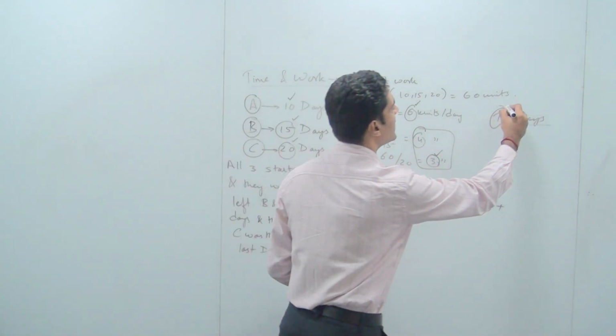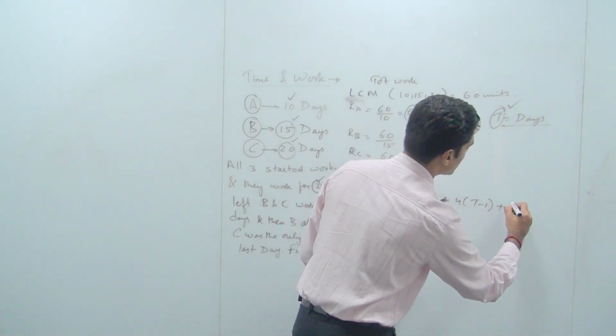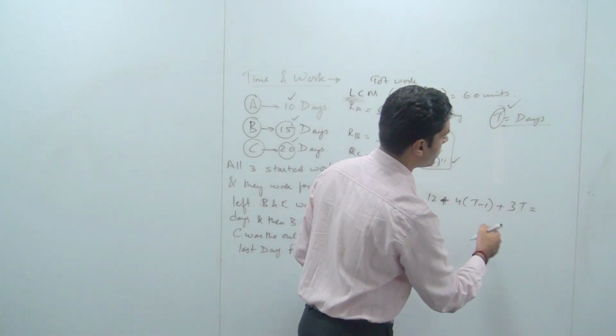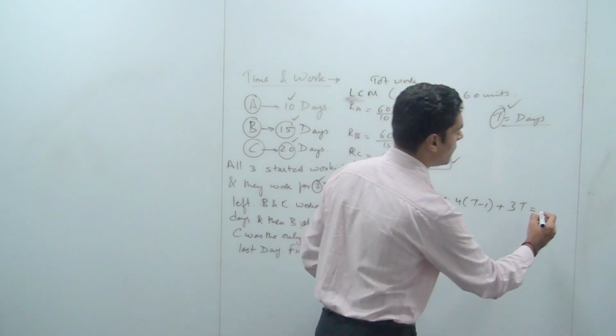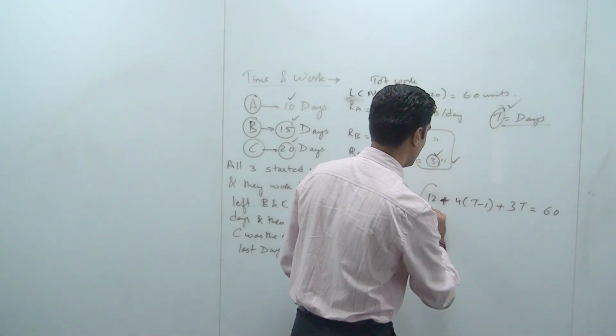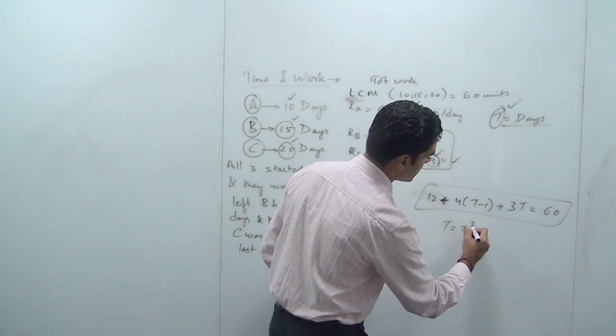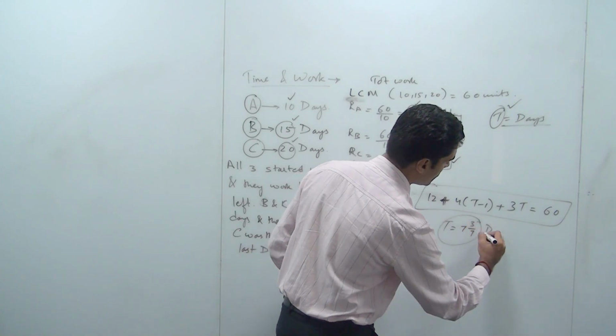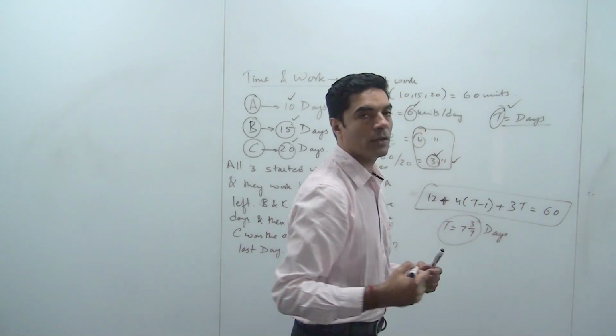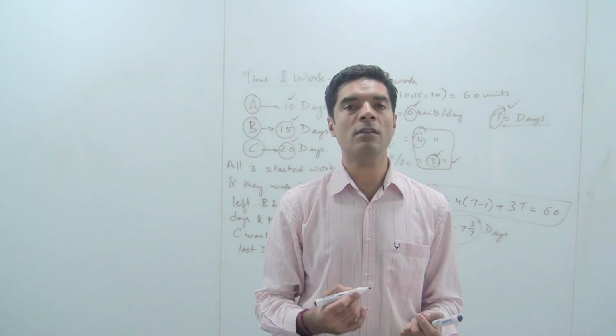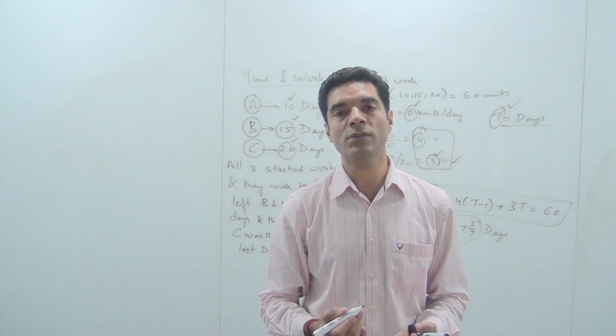That means he has worked T days at the rate of 3 units per day. So the total contribution of C would be 3 into T, and adding the 12 units of A, the total equals 60. If you solve this, again you will get the value of T as 7, 3 by 7 days. So this is one more approach. Whatever is suitable to you, but these two are smarter approaches of solving the same question. Thank you.